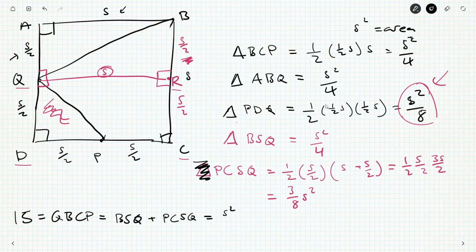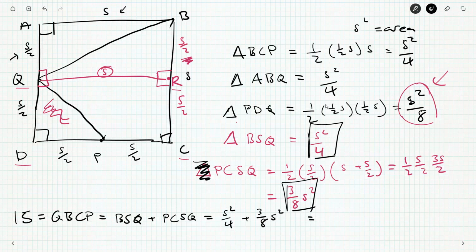So that's S squared over 4 plus 3/8 S squared. This value and this value here. And 1/4 plus 3/8 is 5/8 S squared. So multiply both sides by 8 and divide both sides by 5. I get 24 is S squared.